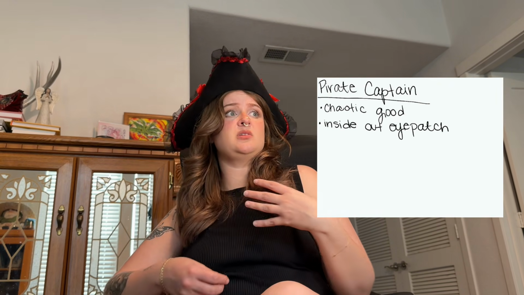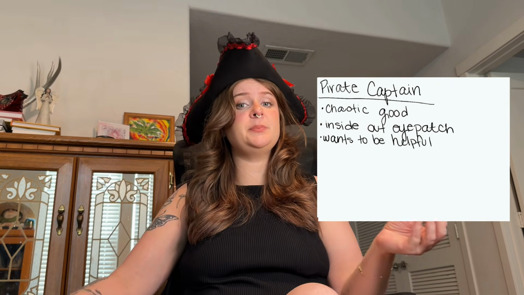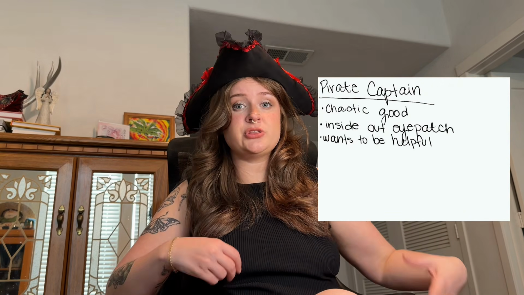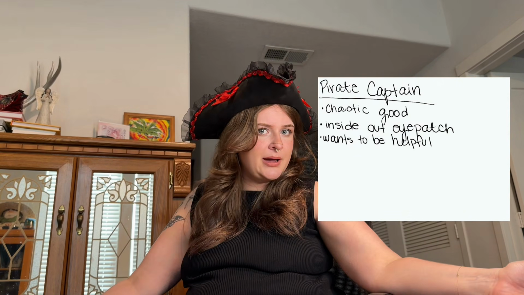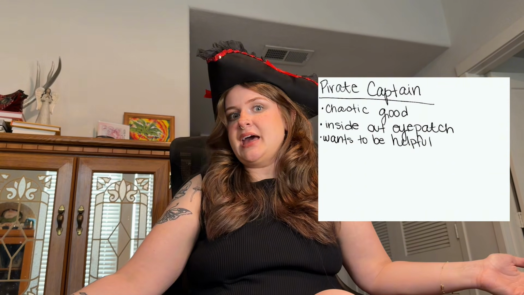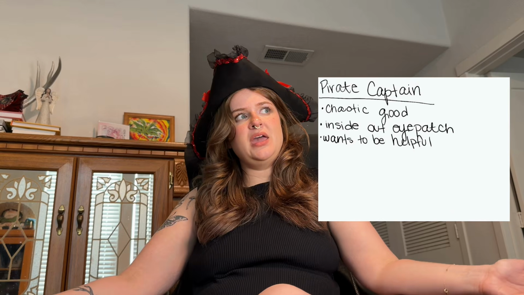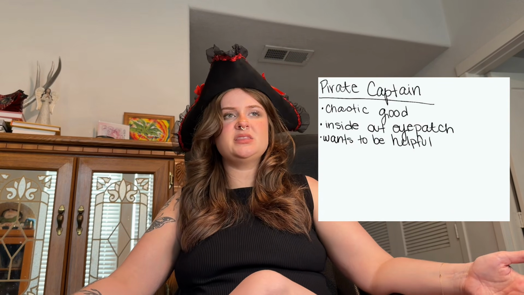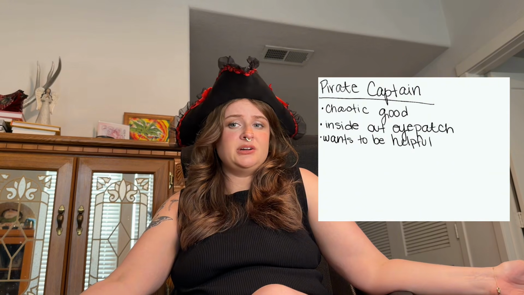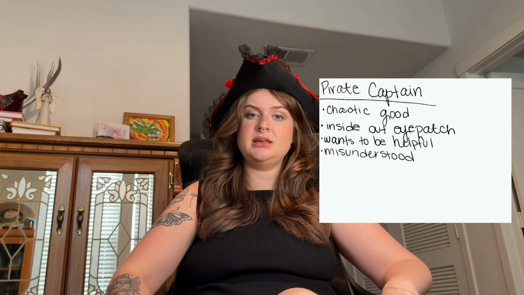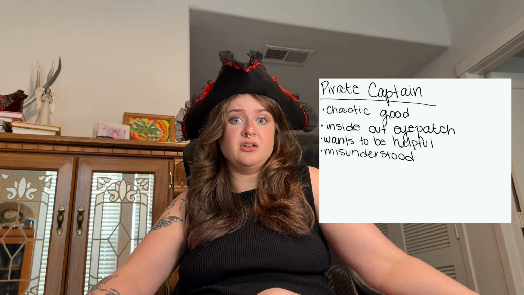Maybe this character wants to be very helpful, but because they didn't have somebody in their life growing up who could teach them things like how to wear an eye patch. See, we're already getting into their backstory, but maybe they didn't have that growing up. And so now they don't really know how to give the best advice, but they do their best anyways. For this character, that might mean that this leads into a lot of misunderstandings, even though they're misunderstood themselves.